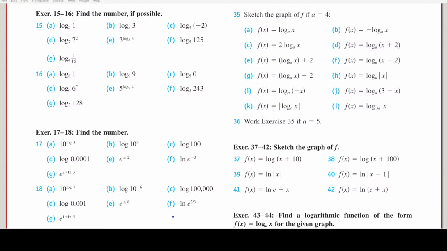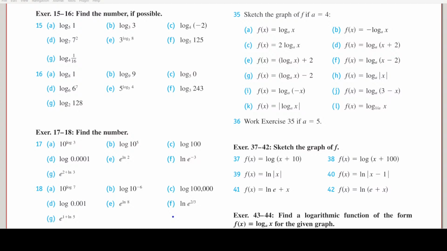Not getting, sir. 4 power something is minus 2? Whatever you do, you cannot get minus 2, no? 4 power 0 is what? 1. And even if you take a minus, what is 4 power minus 1? 1 by 4, which is nothing but 0.25.